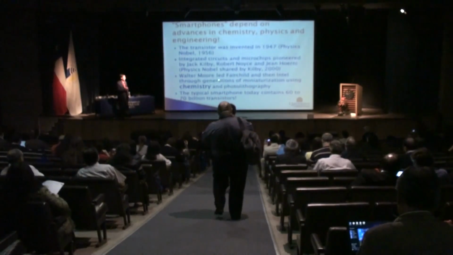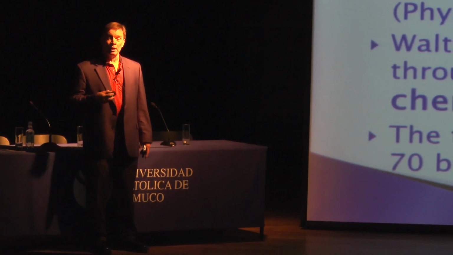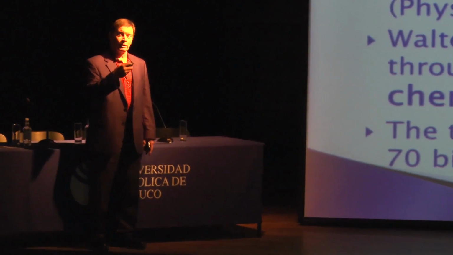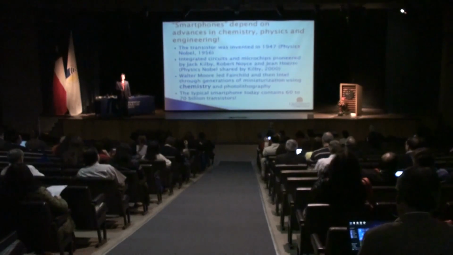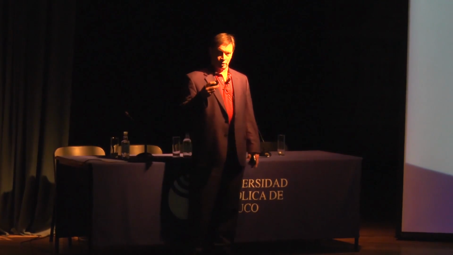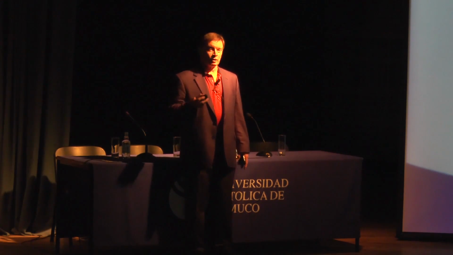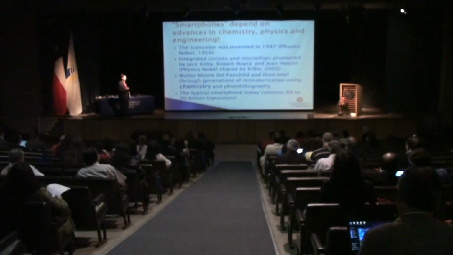Gordon Moore did not receive a Nobel Prize, but he became famous for Moore's Law, which hypothesized that the number of transistors on a chip in a microprocessor would double every year and a half. And he only imagined that that would be true for a couple of years. It turns out to have been true for more than 40 years, approaching now 45 years.